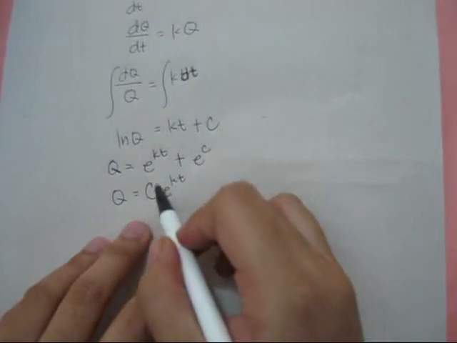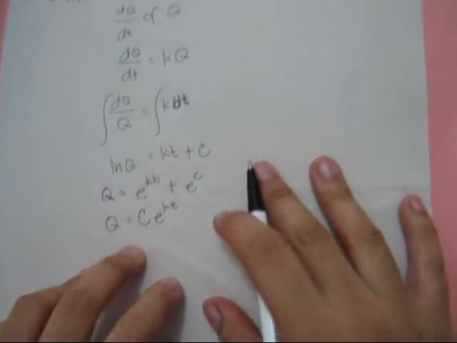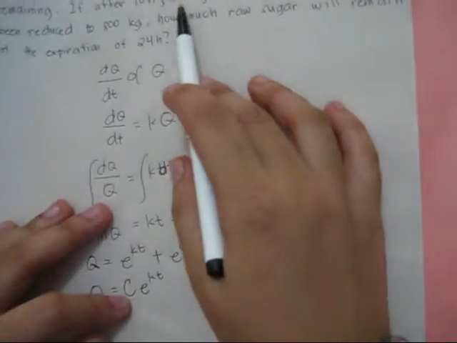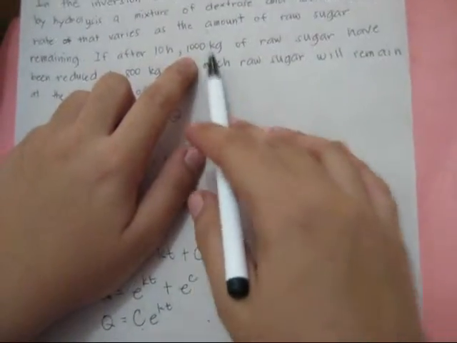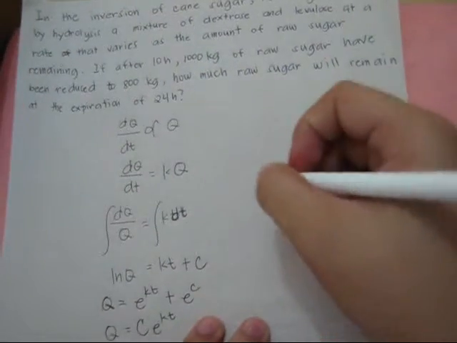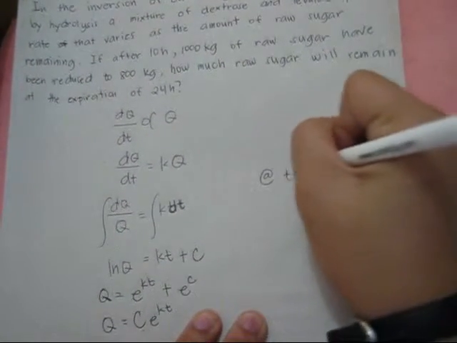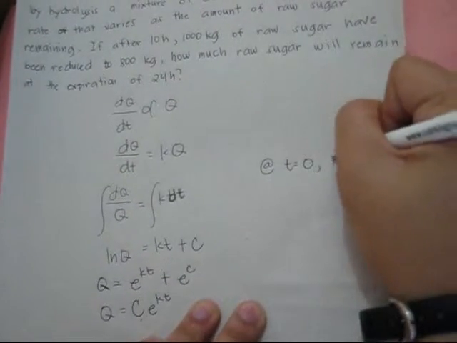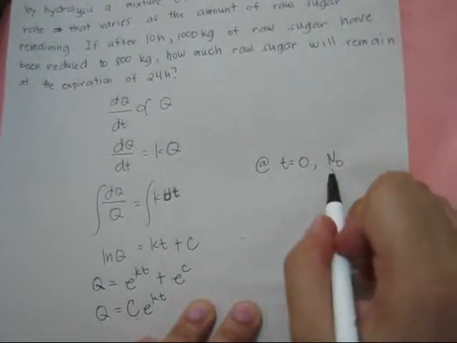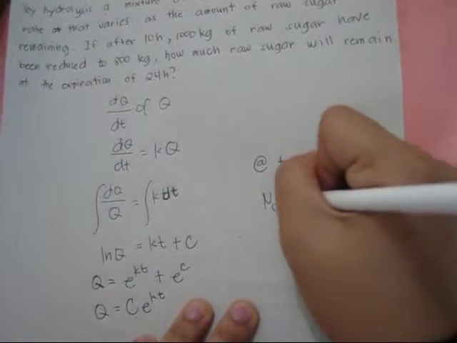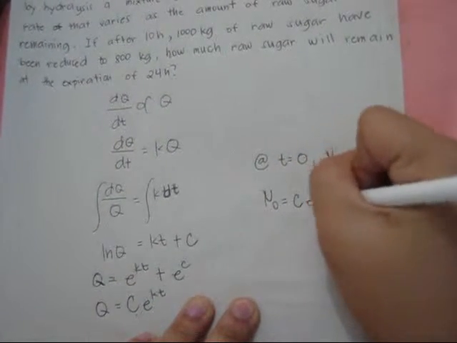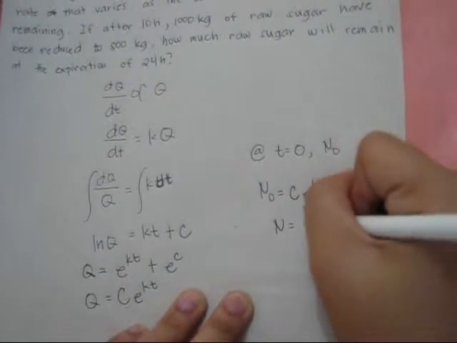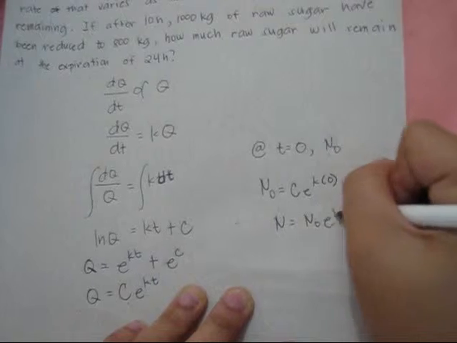So in order for us to know the value of C, we have to plug in the value of 1,000 kilograms, since 1,000 kilograms is its initial value. At t equals 0, we have the initial value of N. So N sub 0 is just equal to C e to the K 0, and N is equal to N sub 0 e to the Kt.